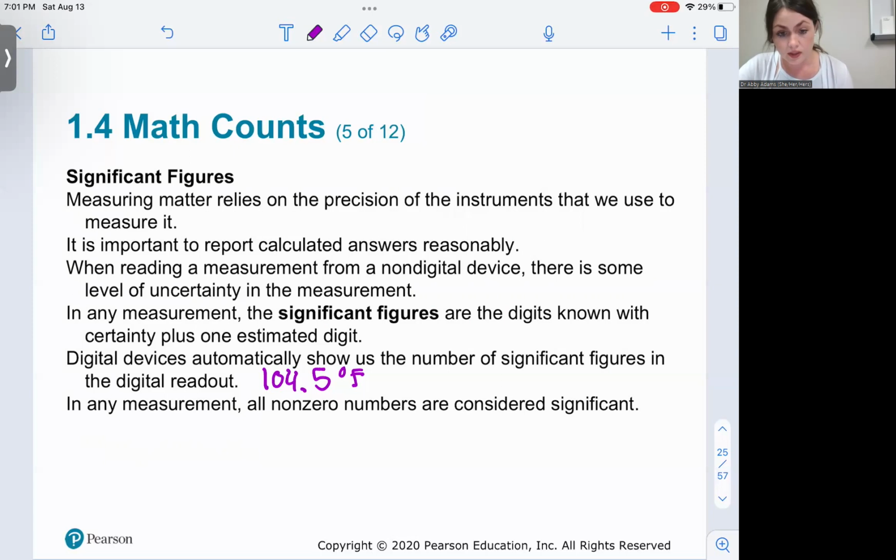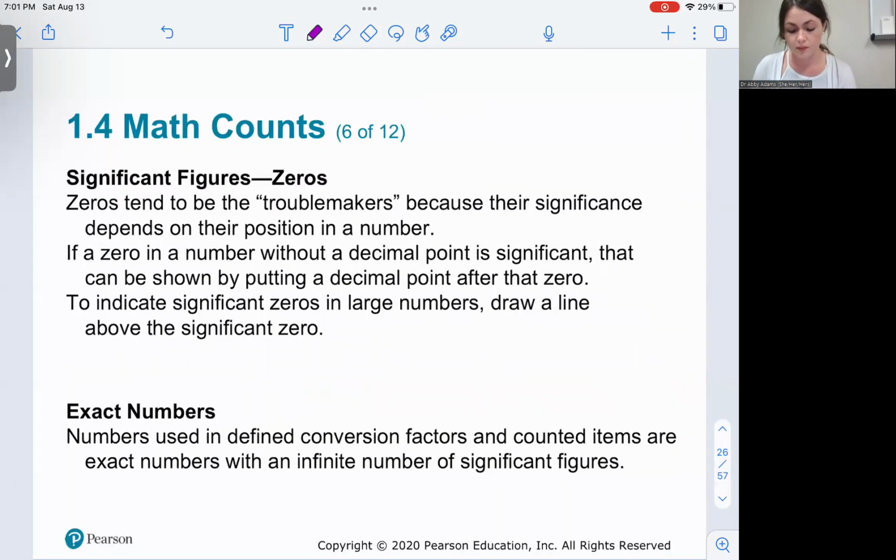Okay, in any measurement, all non-zero numbers are considered significant. So if you're reporting a non-zero number, people are going to think, wow, that is a really close measurement. That person knows that that number is true. That's what's important about significant figures: you're saying how certain you are that that measurement is that number.